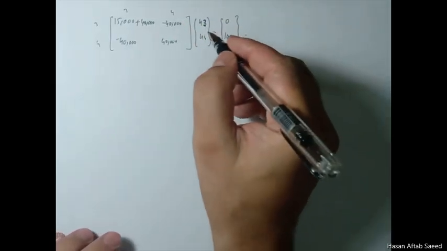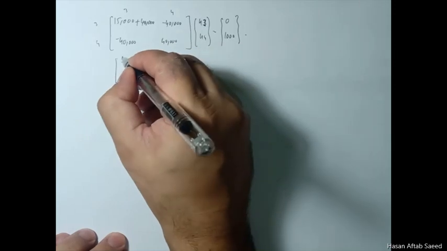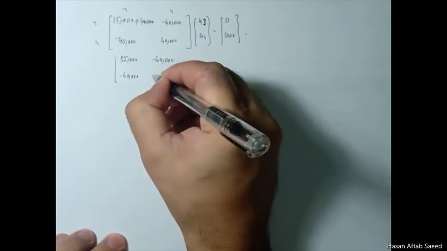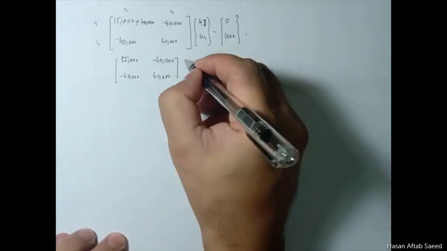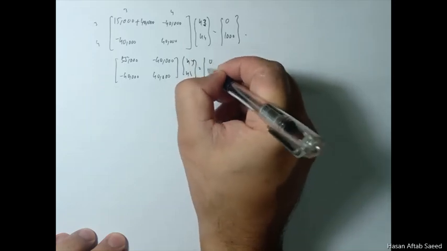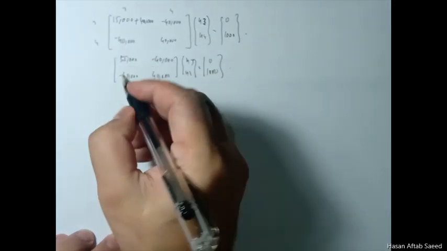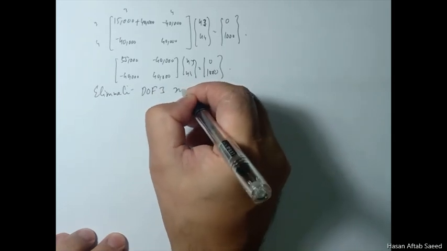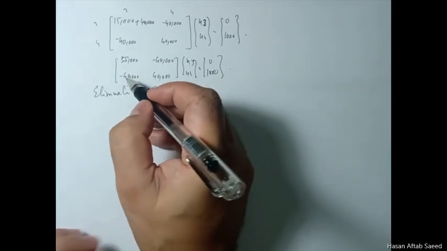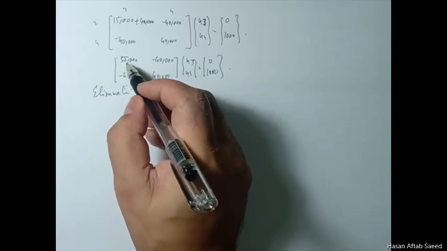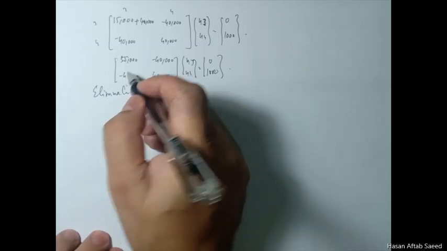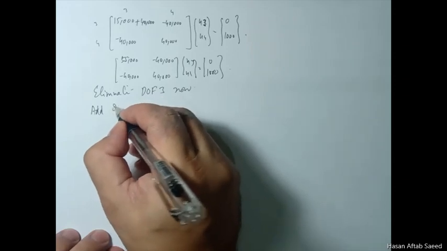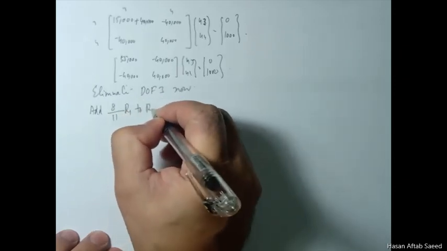And for this it's a simple matter of first of all writing this as 55,000, minus 40,000, minus 40,000 and 40,000, u3, u4, and eliminating degree of freedom 3 now, which is 40,000 over 55,000. This will give you the factor, that is 40 over 55. It can also be written as 8 over 11, 8 over 11 r1 to r2.